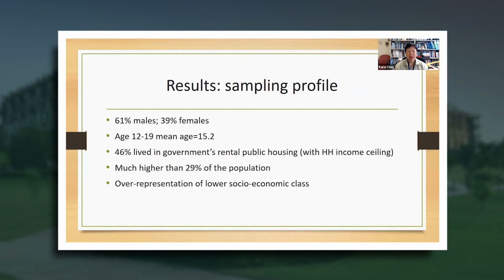And again, one of those schools is situated in a very low income housing area. So 46% of these students are living in rental public housing, while in the population it is 29%. So we have over-representation of lower socioeconomic class in the sample.